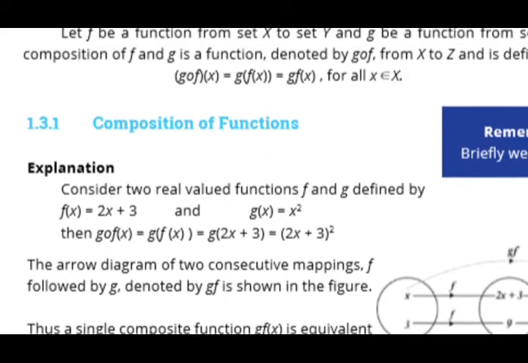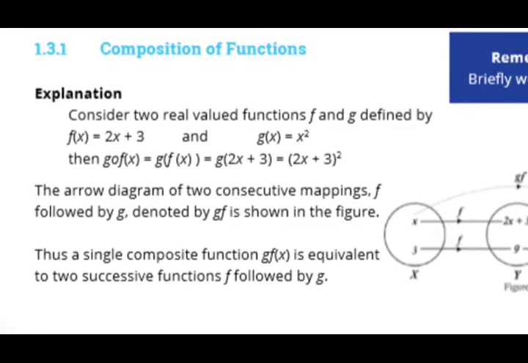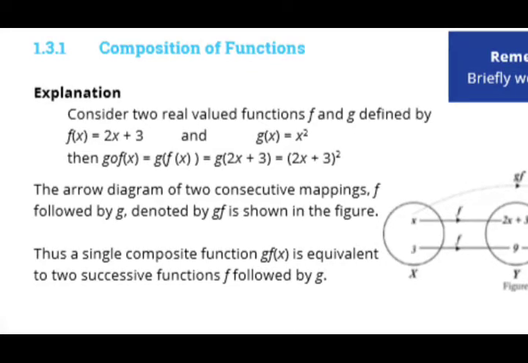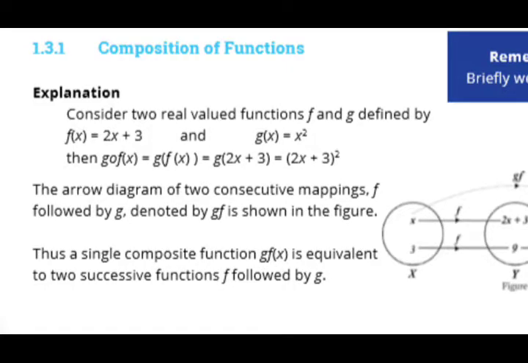Composition of function. We have two functions, f of x equals 2x plus 3 and g of x equals x square. Now how do we find g of f of x? We first put the inner function, 2x plus 3, because here the first function applied is f of x.